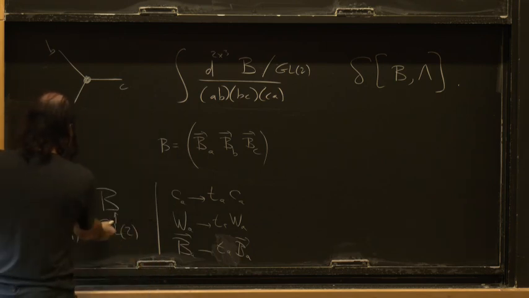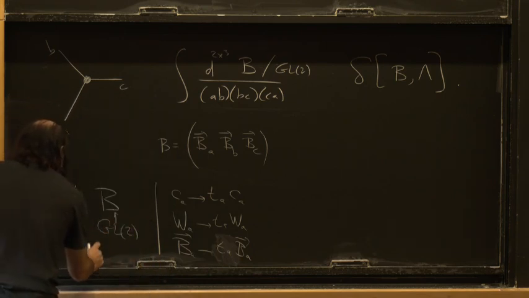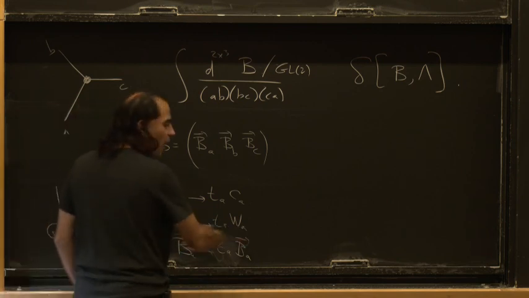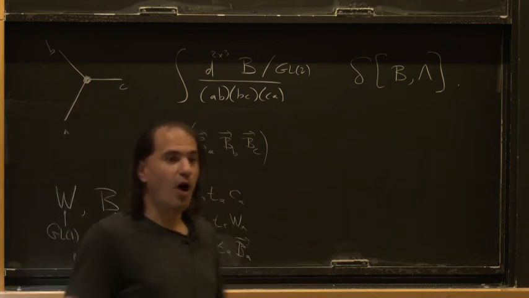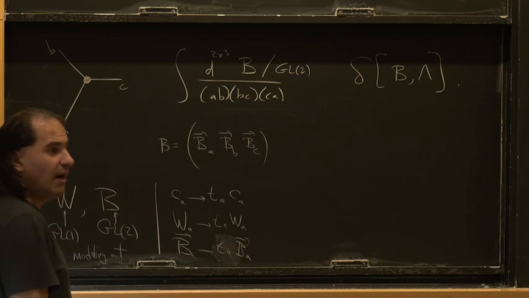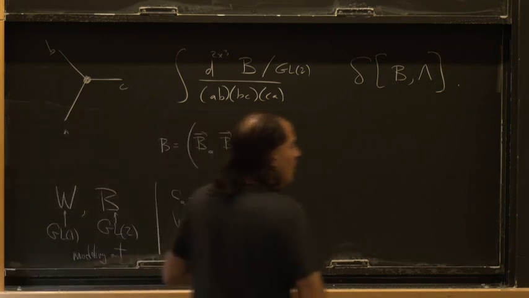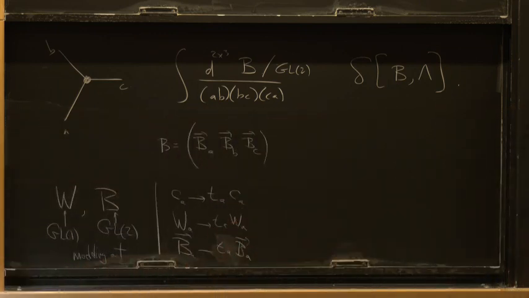Okay, so these GL1 and GL2s we're modding out by. This we're not modding out by. This is just the nice action of the little group on all the columns, and everything is covariant with respect to the nice action of this little group.